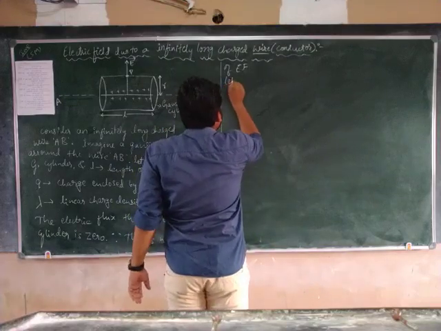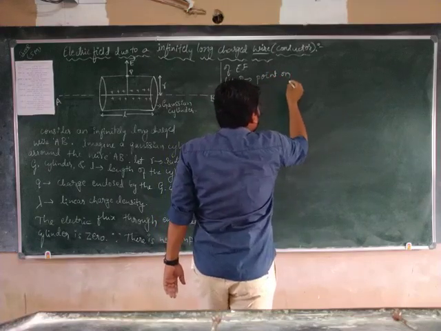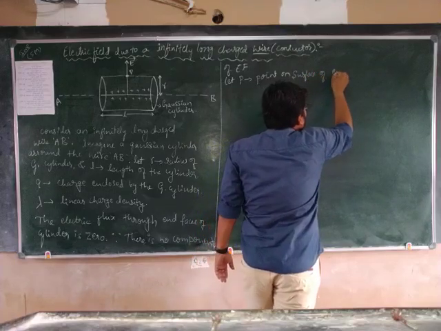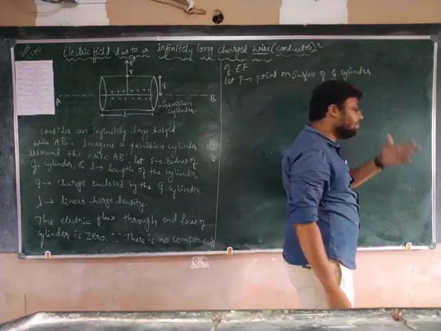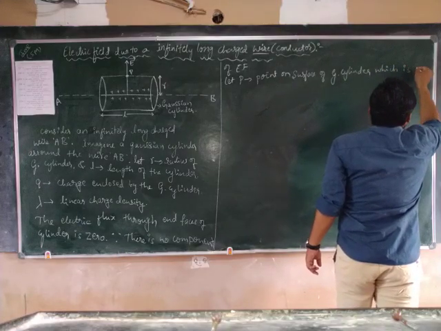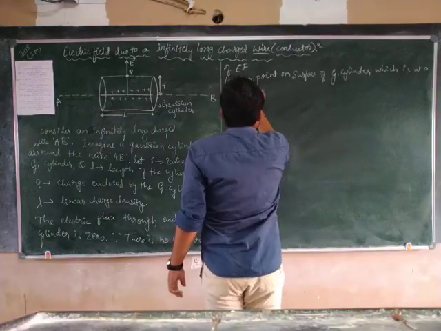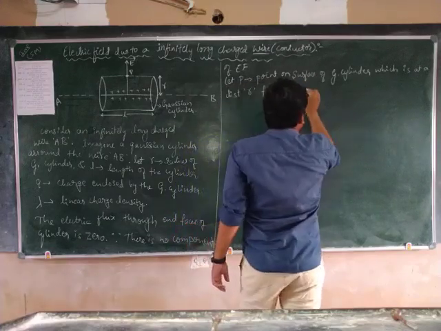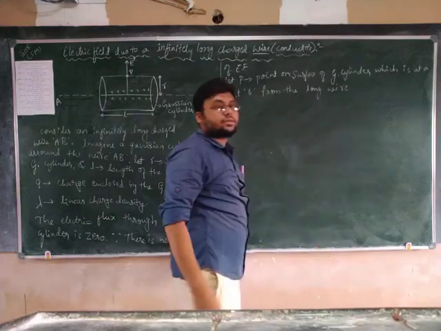Let P be a point on the surface of Gaussian cylinder, at a distance, this is the distance r, from the long wire.